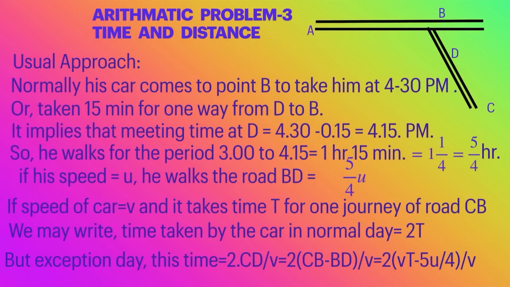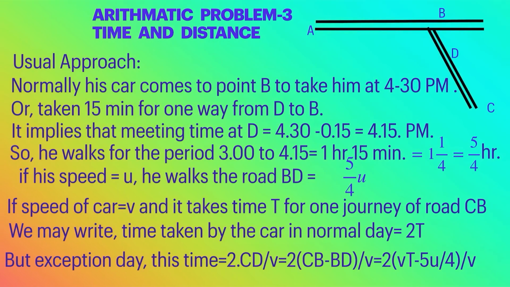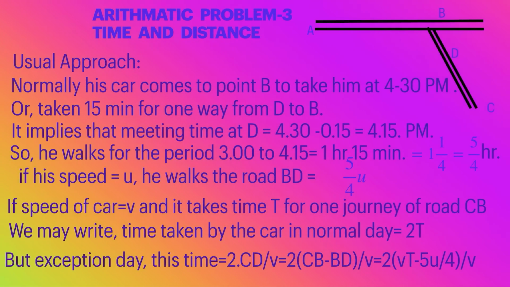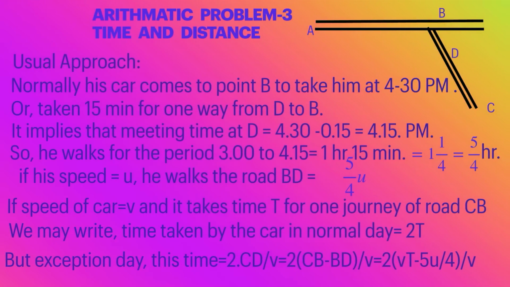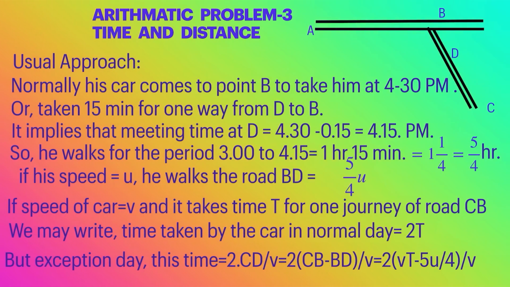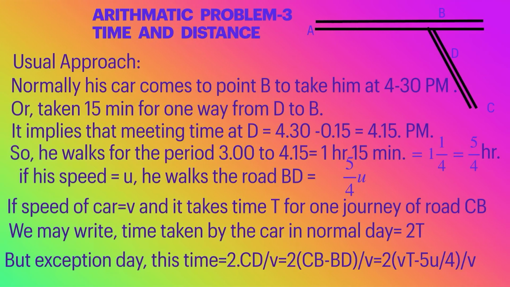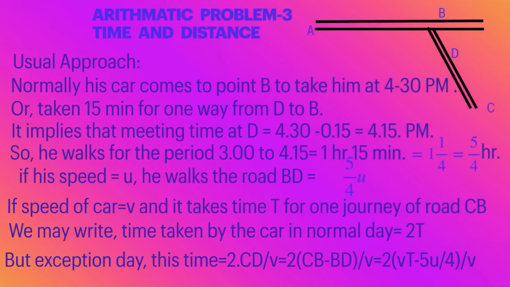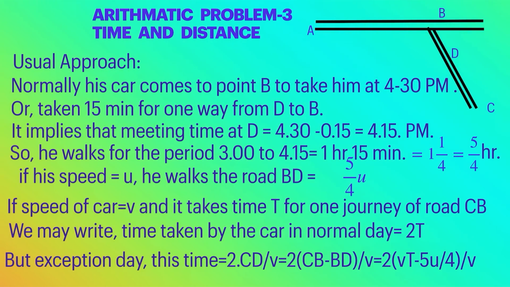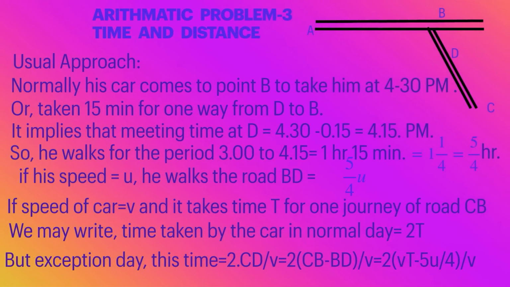But on the exceptional day, what happened? This time equals, because the car has to travel only C to D and again return D to C, because the man walked from B to D. So on the exceptional day, the time taken by the car equals 2 into CD divided by V, the distance covered by the car, and here CD equals CB minus BD clearly.